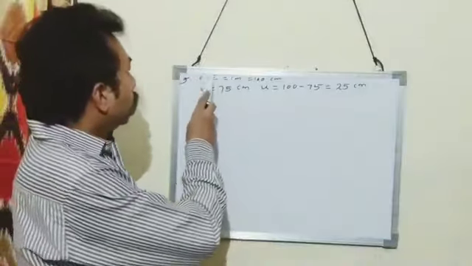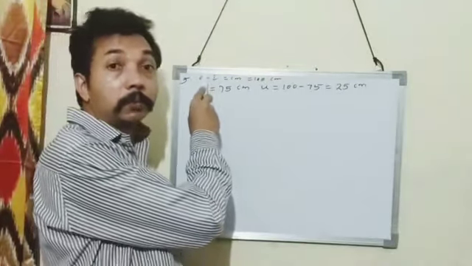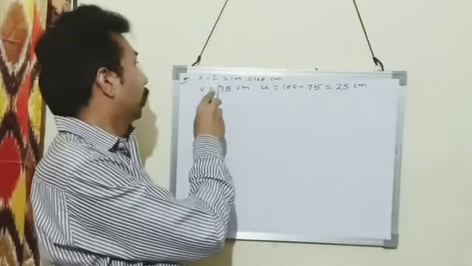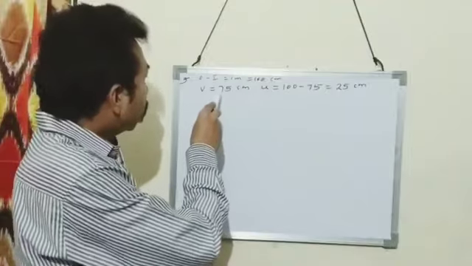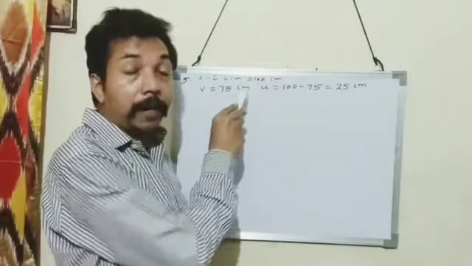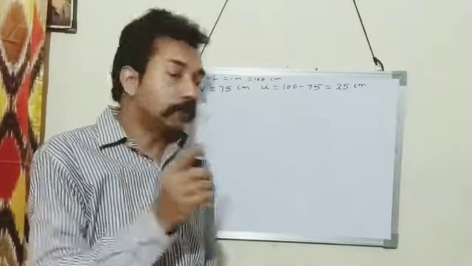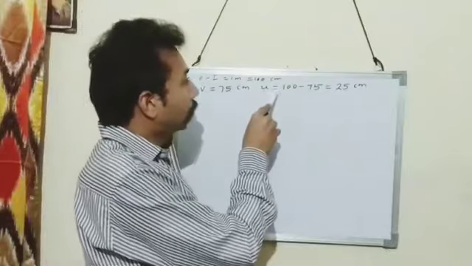So see, the distance between object and image is given as the distance between the object and the screen, that is 1 meter or 100 centimeter. Then it is given the distance between lens and the screen. Lens and the screen means image distance, that is 75 centimeter. Then what is the object distance?